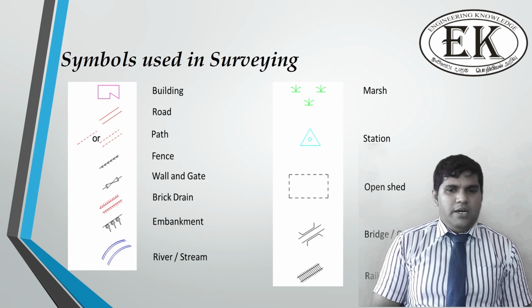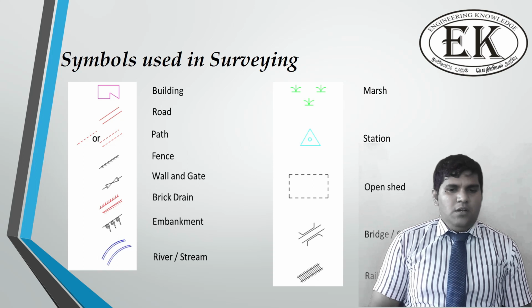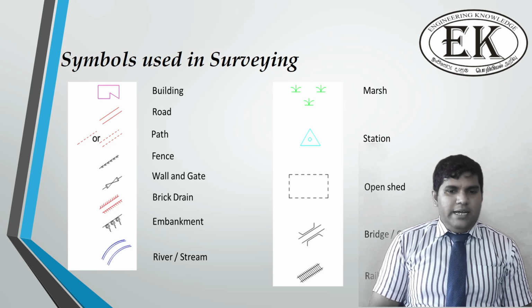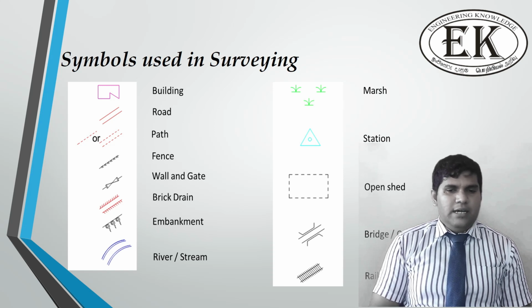Marsh and stations, especially for the control points, we use these station notations, open shed, bridges and culverts. This is also going to be used, and different colors are used to distinguish those symbols, right?